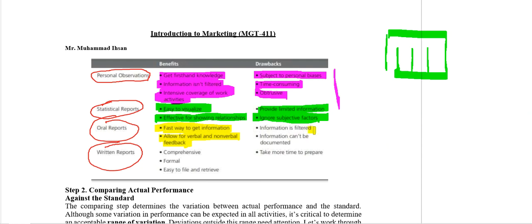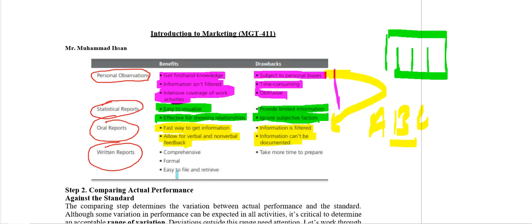Now the drawbacks. Number one, information is filtered. If I go to evaluate my boys, my information will not be filtered. If I send ABC to get information, he will definitely filter the information. Number two, information cannot be documented. So this oral report cannot be documented.